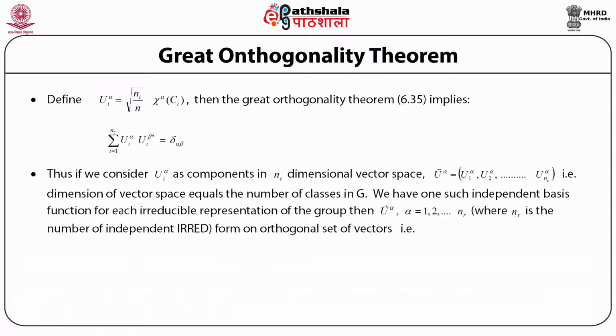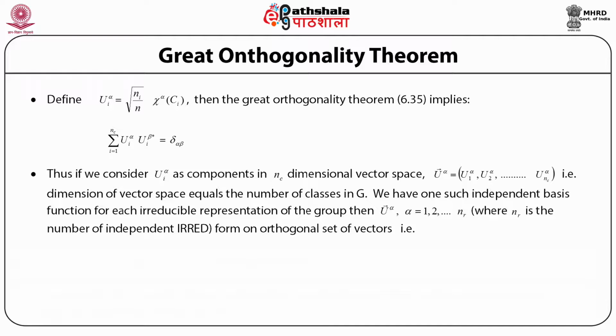Thus, if we consider u i alpha as components in an Nc-dimensional vector space, then the vector u alpha has the components u alpha 1, u alpha 2, up to u alpha Nc. That is, the dimension of the vector space equals the number of classes in the group G. We have one such independent basis function for each irreducible representation of the group.